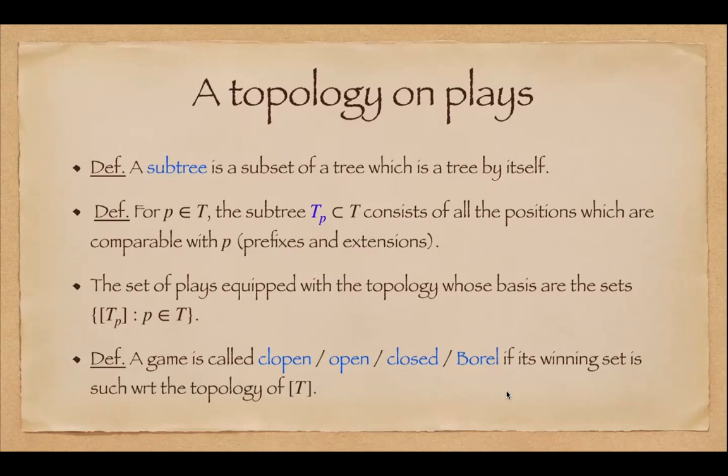This is a basic set. This is also known as the standard product, Tikhonov product topology on plays. So this is a basic open set, and an open set is just a union of such basic sets.